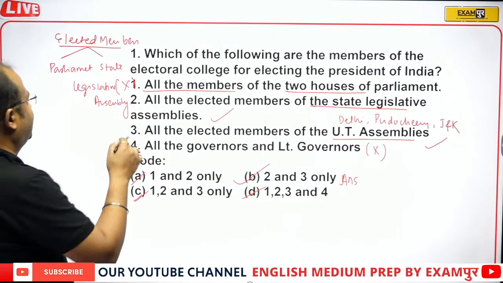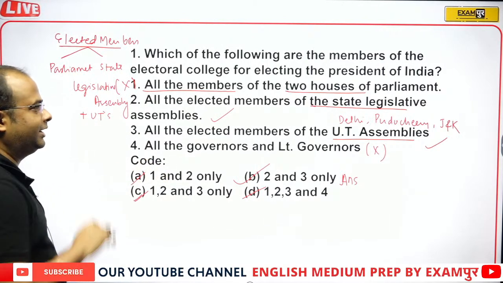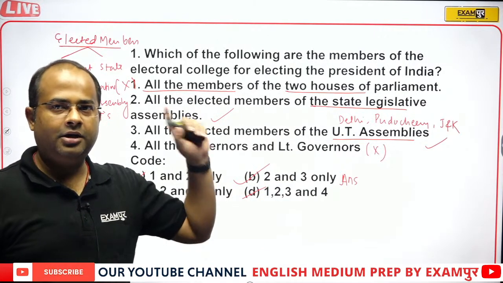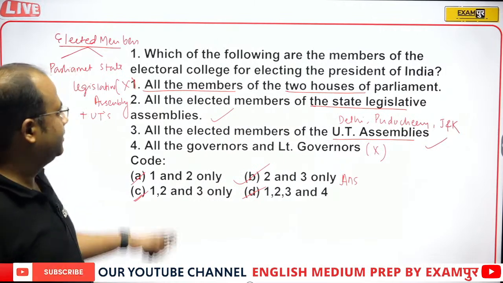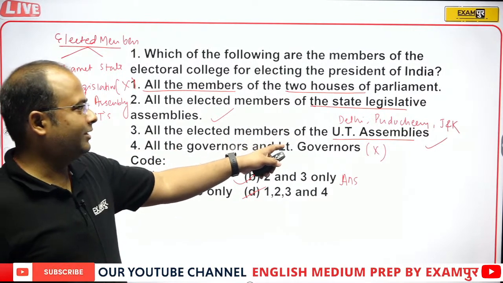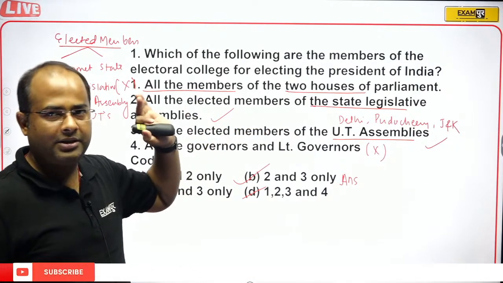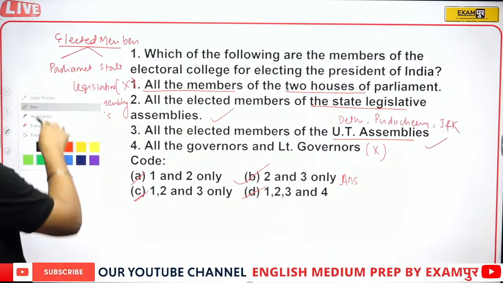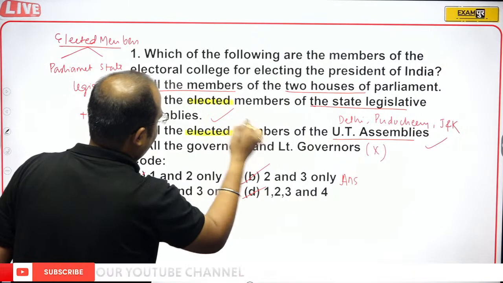Elected members of state legislative assemblies plus union territories, because three union territories have a legislative assembly: Delhi, Puducherry and Jammu and Kashmir. Only elected members participate, not nominated. The important thing is that they are elected.